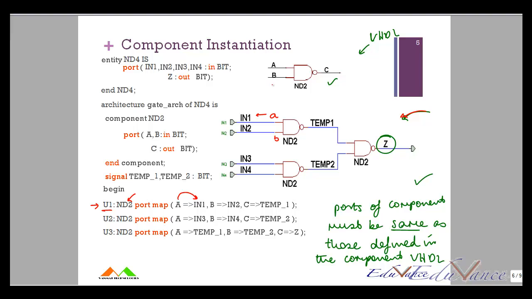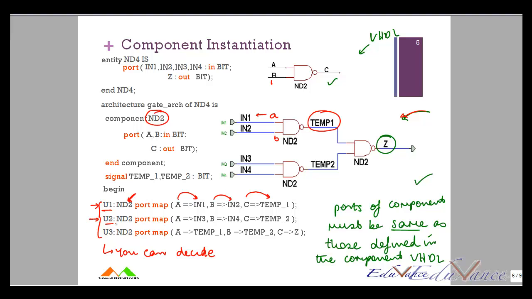My port B, the second port, is mapped to input 2. My output C is mapped to my signal temp1. Similarly, I will be calling on ND2 again as an instance U2. See, these instance names you can decide, but this component name must be the same as this one.